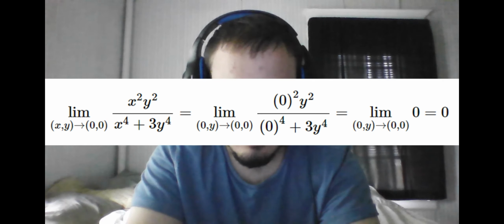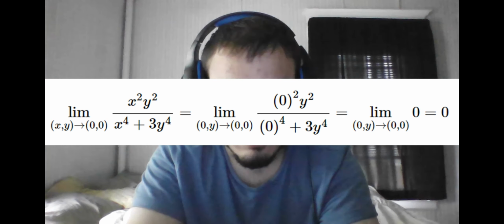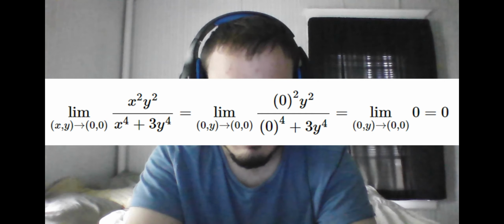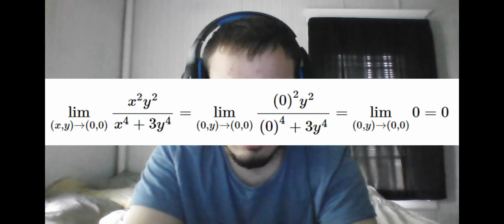Even though we have tested along the basic horizontal and vertical lines, we are still not done because there are an infinite amount of lines we can approach from, so we have to test each one until we get a limit that does not give us the same value.